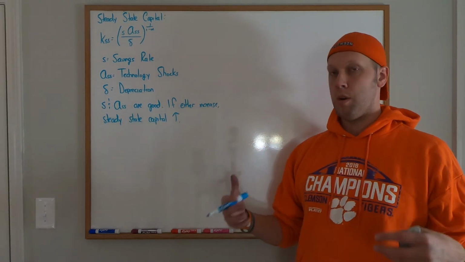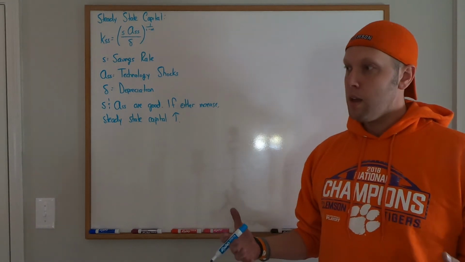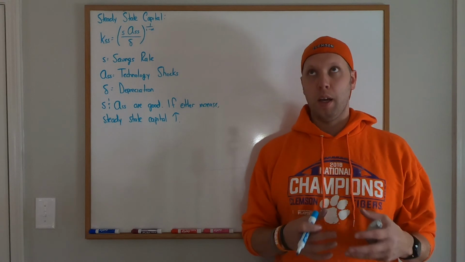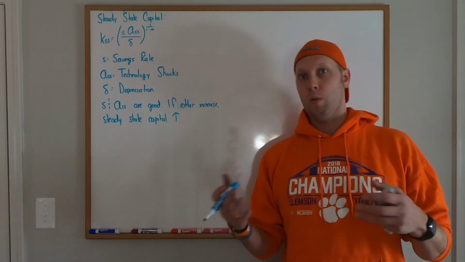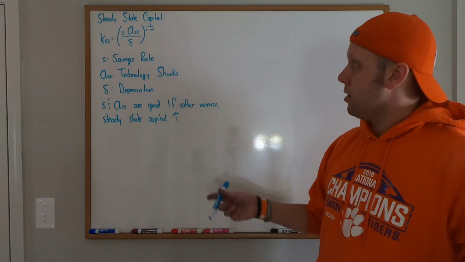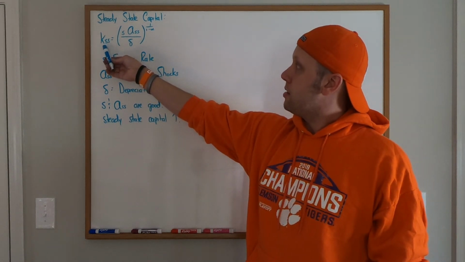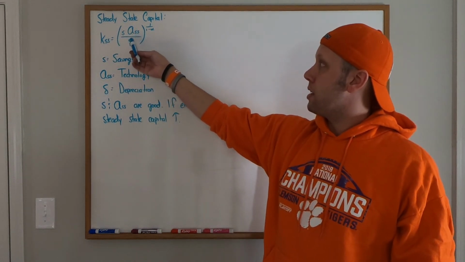So if we can use more technology to produce more efficiently, meaning we can ultimately produce more with less, right? We can use capital more efficiently, then steady state capital will increase.